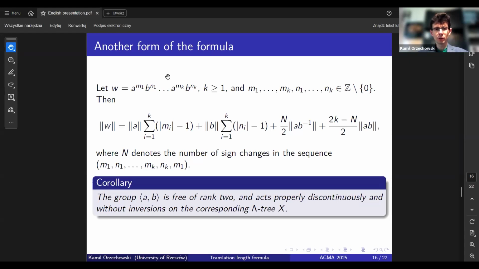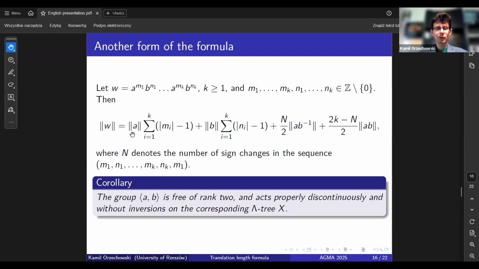We can draw the corollary from it. It is exactly the theorem of Culler, Morgan, and Chiswell. So if we have a ping-pong pair, then the group they generate is free of rank 2, acts properly discontinuously and without inversions on the corresponding lambda tree. It follows from the fact that the pseudo-length of W is separated from above from 0.